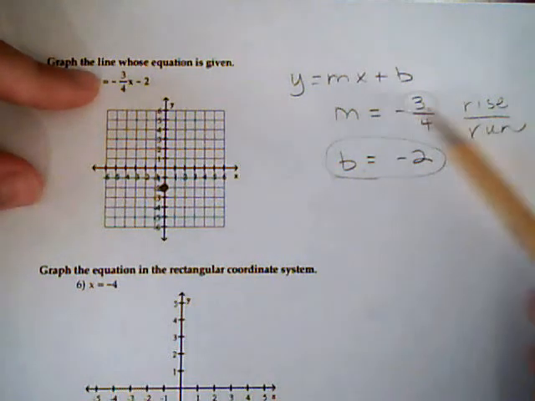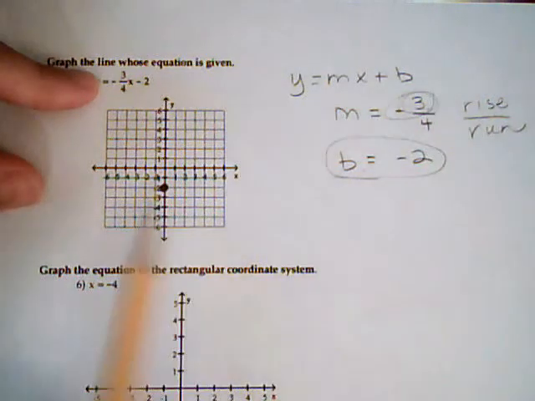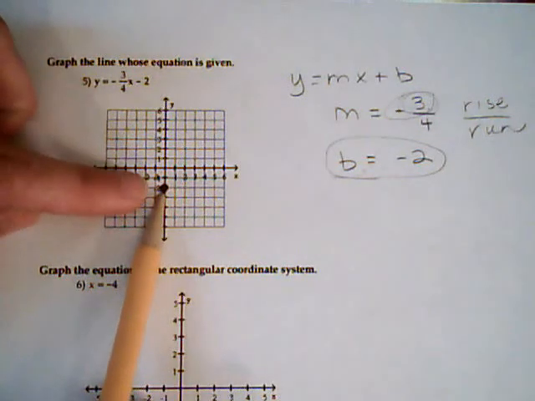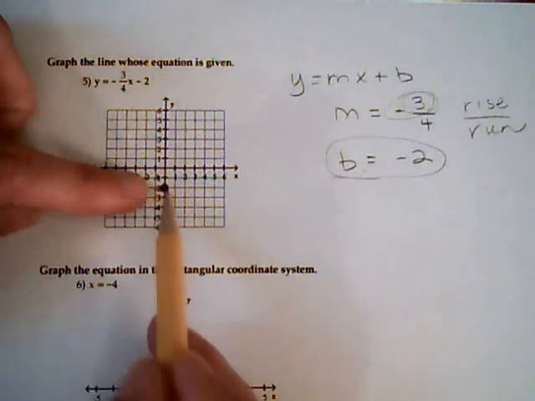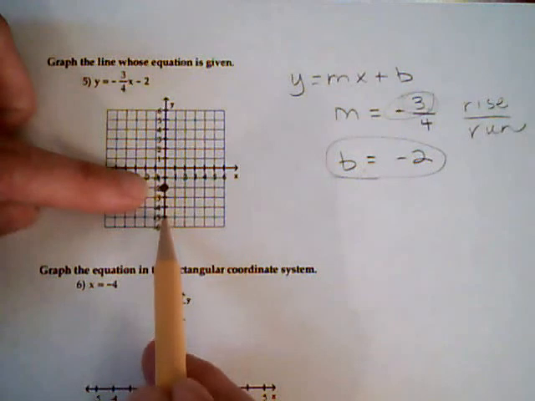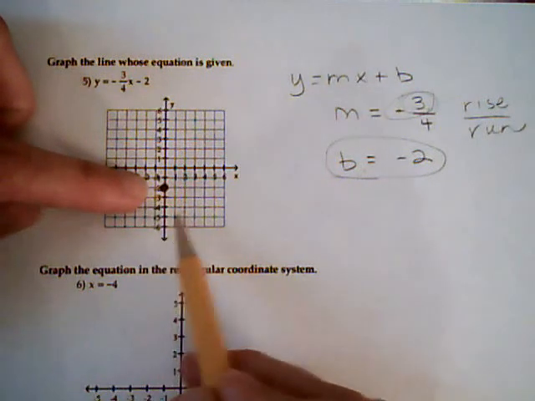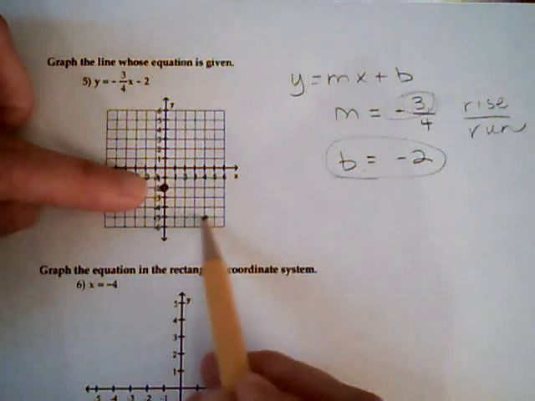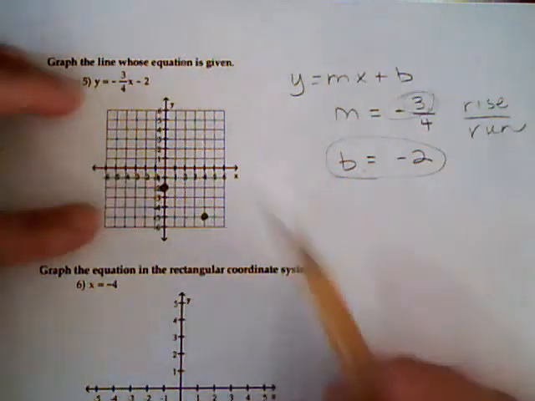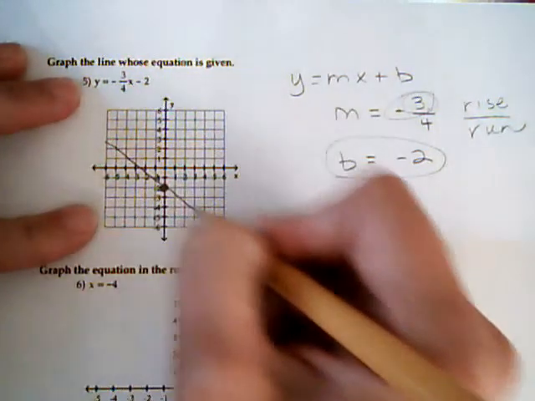So if I have a negative, I usually attach that negative to the numerator. So from my y-intercept, I would need to go down 3, and then I'm going to run or go to the right 4. And that's where I could put a new point and then graph my line.